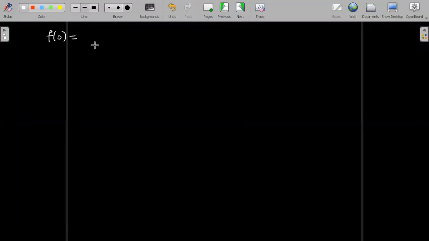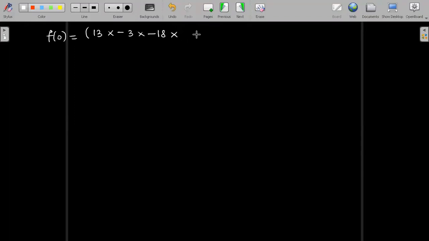So we are finding f of 0. Substitution step: y minus y1. y is nothing but 0, so 0 minus y1 is 0 minus minus 13, which gives 13, multiplied by y minus y2. y is 0, so 0 minus y2 is minus 3, multiplied by y minus y3, so 0 minus 18 is minus 18.